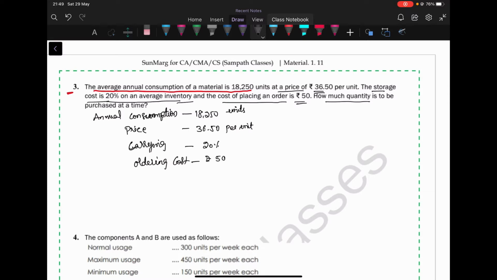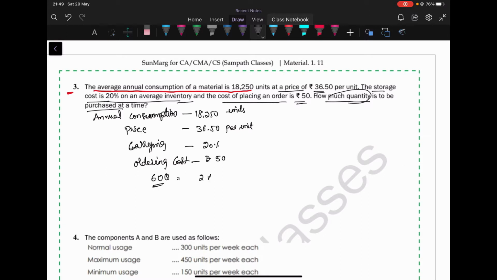How much quantity is required to be purchased at a time? In the sense, this is the EOQ. It is indirectly saying how many units we need to purchase at once. So this is the EOQ.